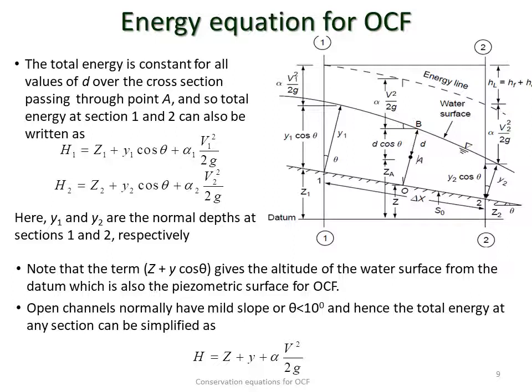Similarly, H2 is Z2 plus Y2 cos theta plus alpha 2 into V2 squared by 2g. Note here that Y1 and Y2 are the normal depths at sections 1 and 2. Whereas in the last case, point A was taken in the middle of the flow cross section, here we are estimating the total energy from the channel bottom.